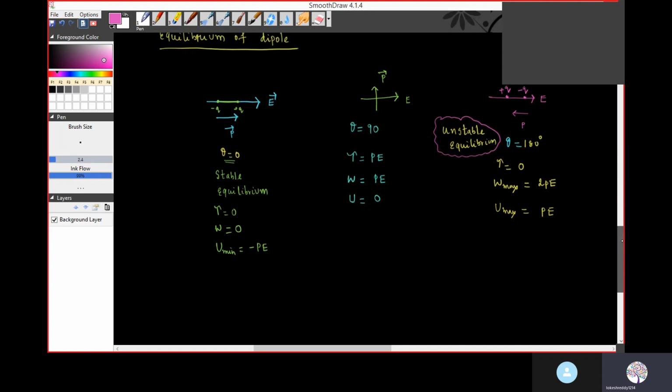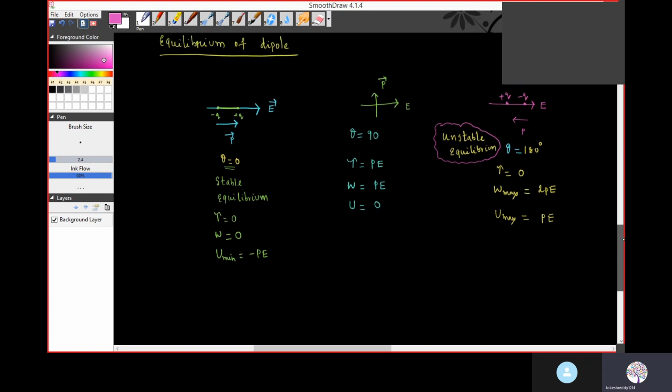This is equilibrium of dipole. So one thing you have to remember is stable equilibrium, unstable equilibrium conditions.